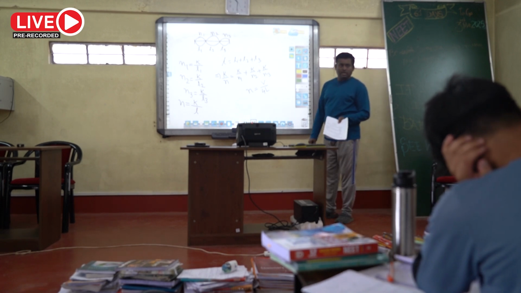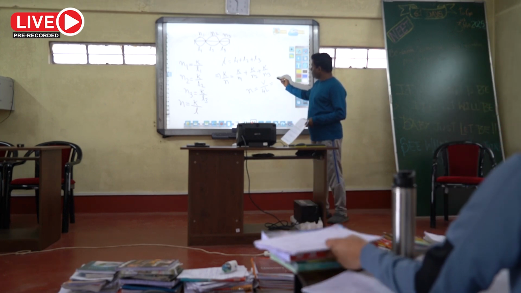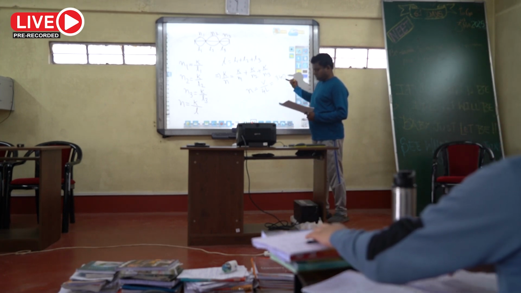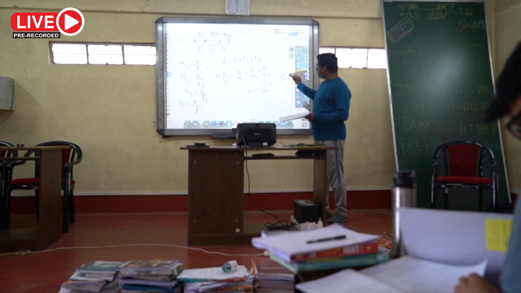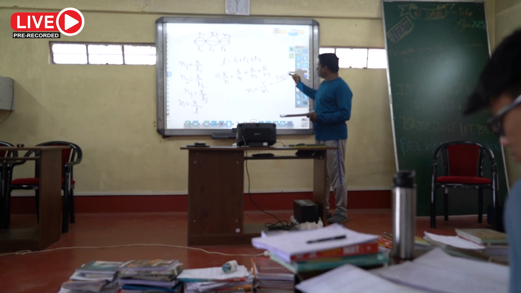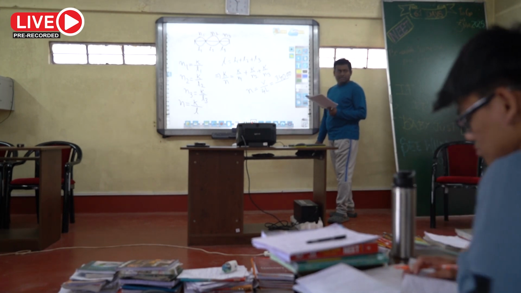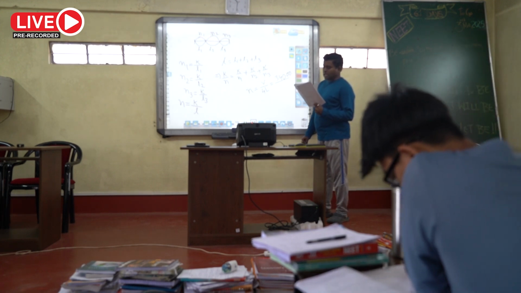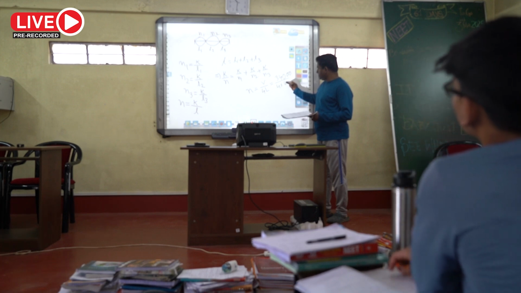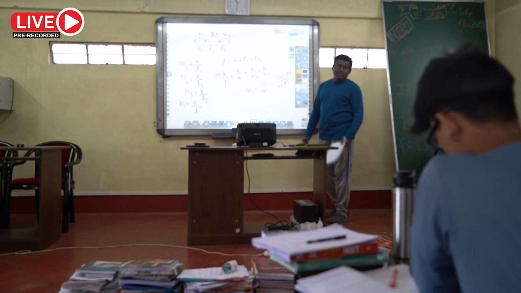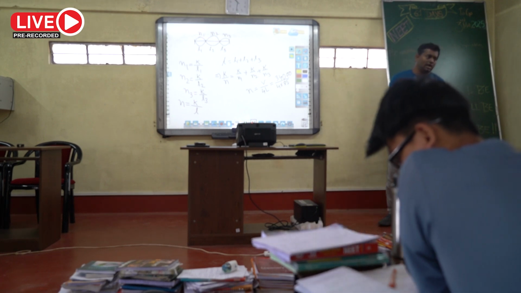It is V by 4L. Then V is 340 meter per second, and this one will be 340 multiplied by 100, so it will be centimeter per second. And then it will be 85 centimeter. 4 into 85. Because centimeter will cancel, the answer will be Hertz.